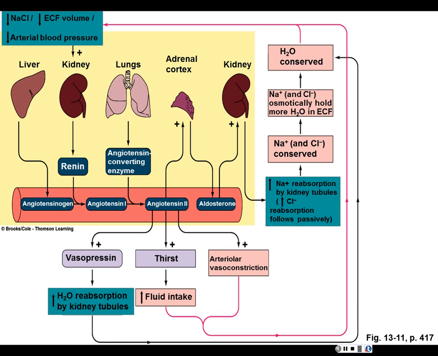Something else really interesting about the angiotensin molecule, it acts on the hypothalamus to activate what's called the thirst mechanism. So whenever you feel thirsty, when you feel parched, you're actively seeking out something to drink, you probably have angiotensin 2 circulating through your blood, telling your hypothalamus, go find water.